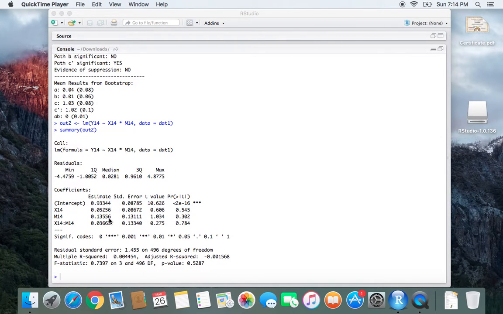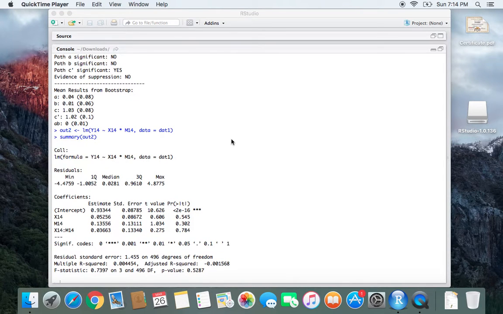Next, I have the results from the moderation test, which I ran on the 14th set of variables from the data set. And here we have 4 coefficients whose values provide us with 2 lines. And these are line y0, which is the equation of the line when the moderator is not present, and y1, which is the equation of the line when the moderator is present.